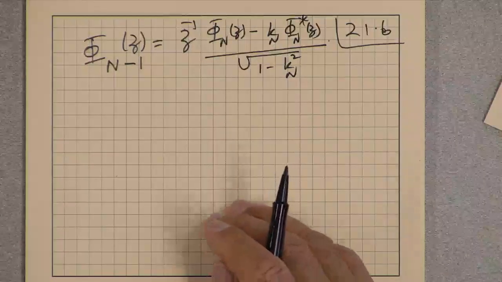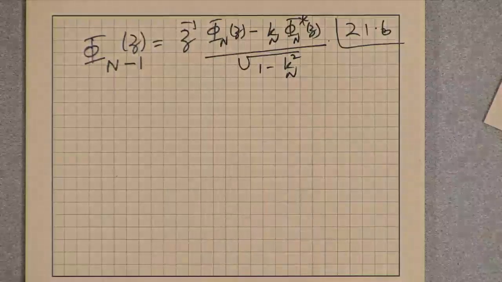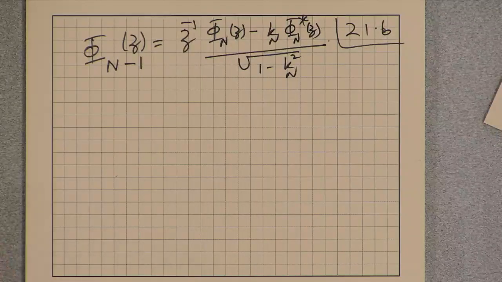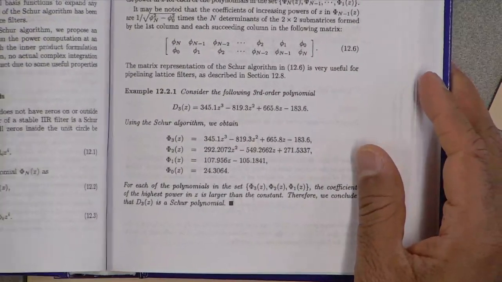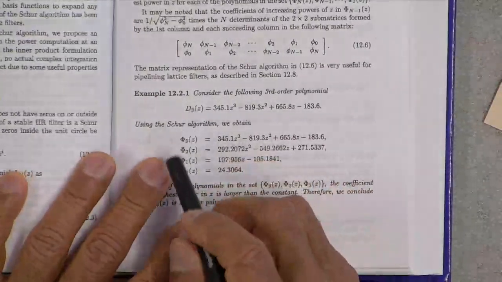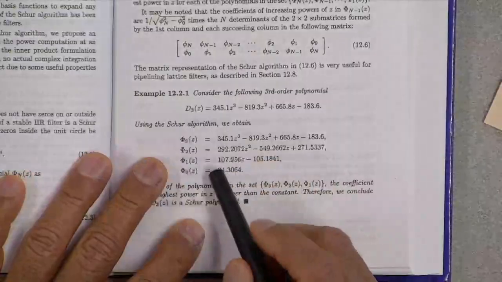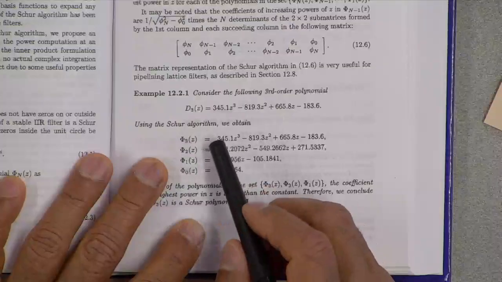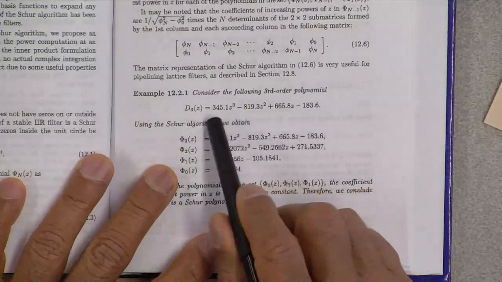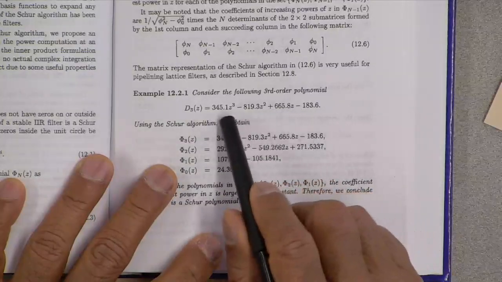Maybe I can work out some numbers, but instead I can show you what the results look like without working through these numerical examples. If we look at example 12.2.1, this is the denominator of a third order IIR filter with this quantity 345.1 Z cube and so on.